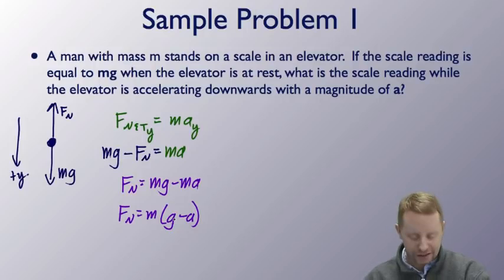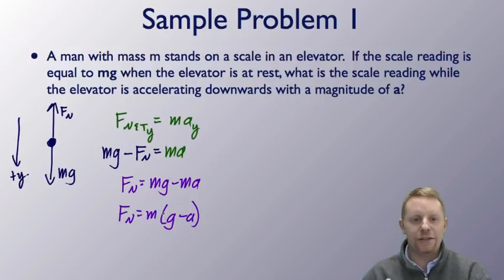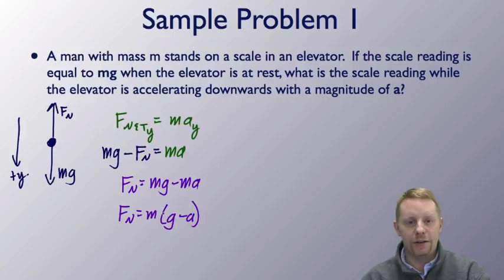And that should make sense. It's going to be a little less than just mg, because think about it. If you're standing in an elevator, and it's accelerating downwards, then you need to realize that as it's accelerating downwards, you feel lighter for a second. The elevator is accelerating away underneath you. You're going to show up with a smaller weight, a smaller reading on the scale for a moment or two.